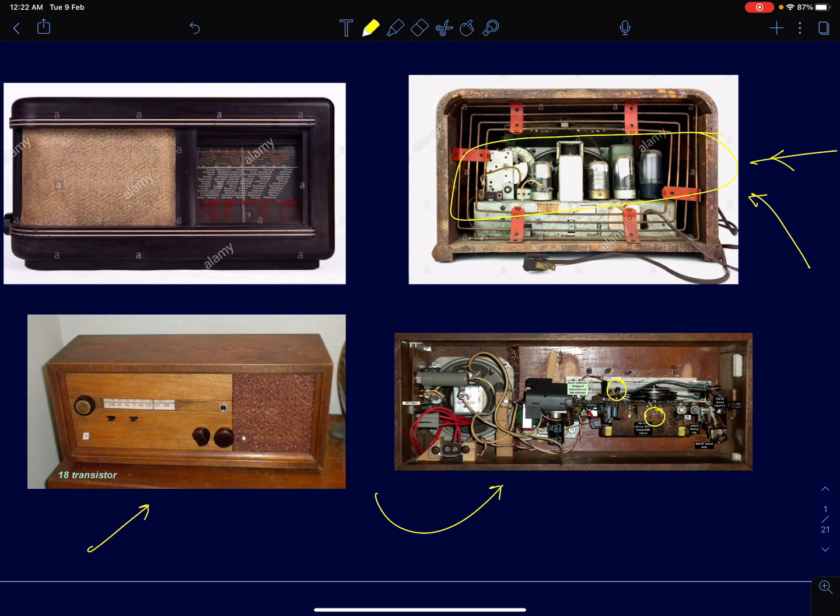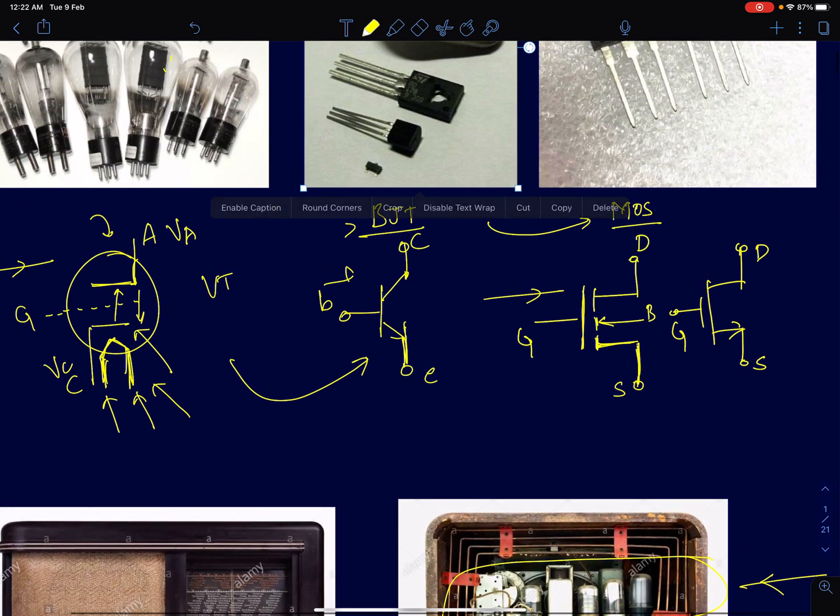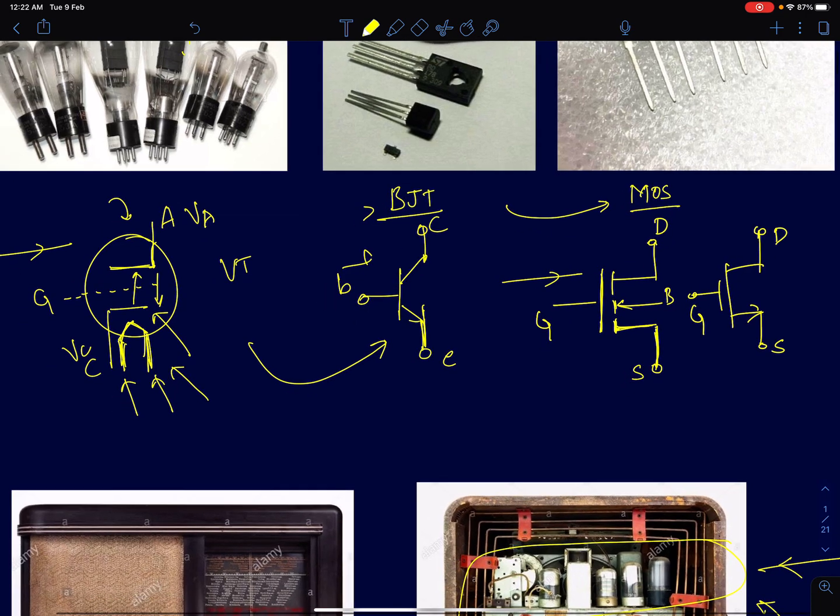So the shift of amplifying devices from a vacuum tube amplifier to a bipolar junction transistor based amplifier was a welcome shift. The devices were more compact, and because no heating was necessary, power consumption reduced significantly. Therefore, the bipolar junction transistor was the best replacement for the vacuum tube amplifier. So that's why we switched to bipolar junction transistors.